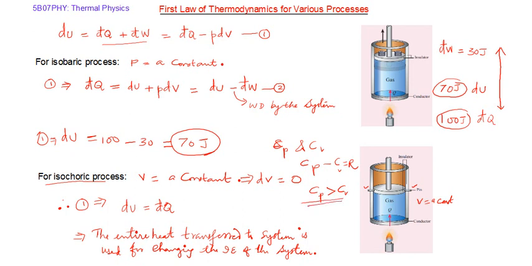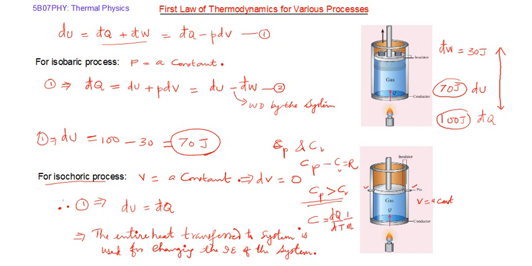Now let me give you one more idea where we define C, the heat capacity, as dQ by dT. This is the basic definition of heat capacity. To make it specific heat capacity, you have to divide it by the mass also, so you can write 1 by M. When you divide by the mass of the system, it becomes a specific quantity.